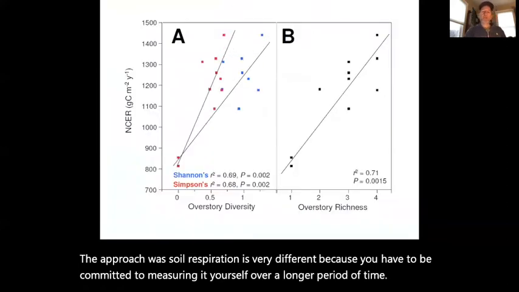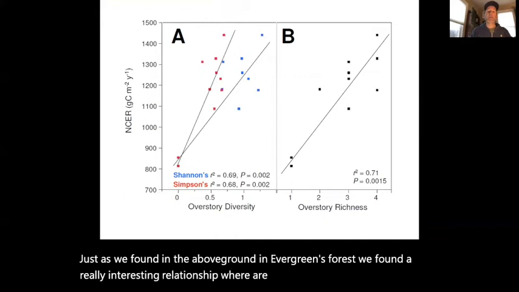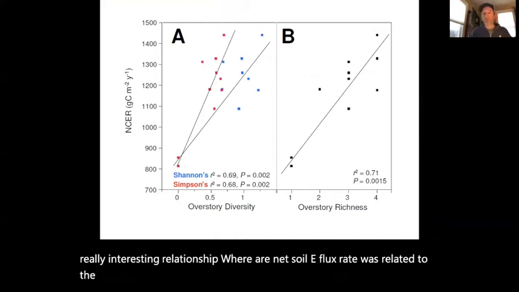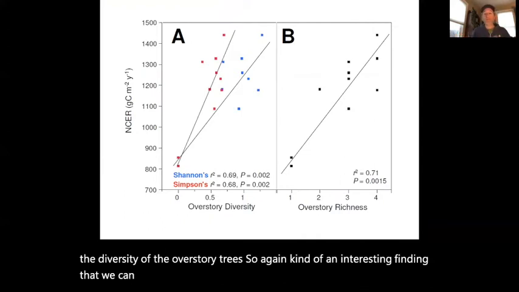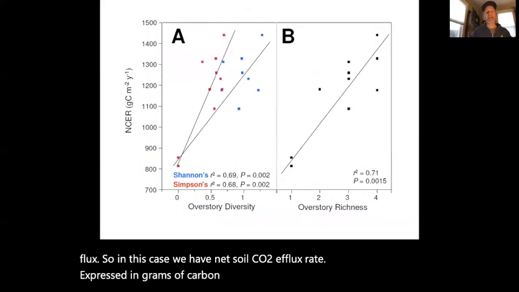Just as we found in the above ground in evergreen forest, we found a really interesting relationship where our net soil efflux rate was related to the diversity of the overstory trees. So again, kind of an interesting finding that we can layer on top of a network that's designed to measure carbon flux. So in this case, we have net soil CO2 efflux rate expressed in grams of carbon per meter squared per second.